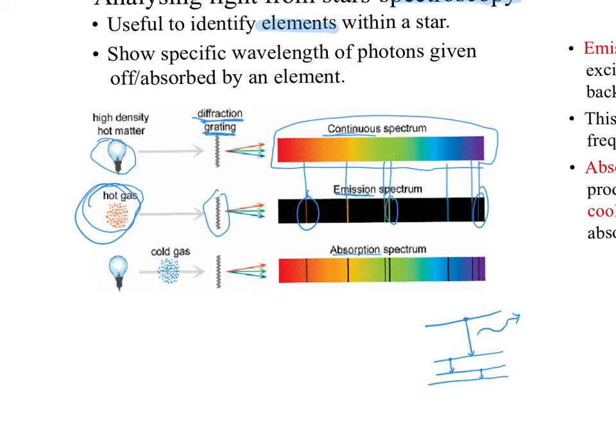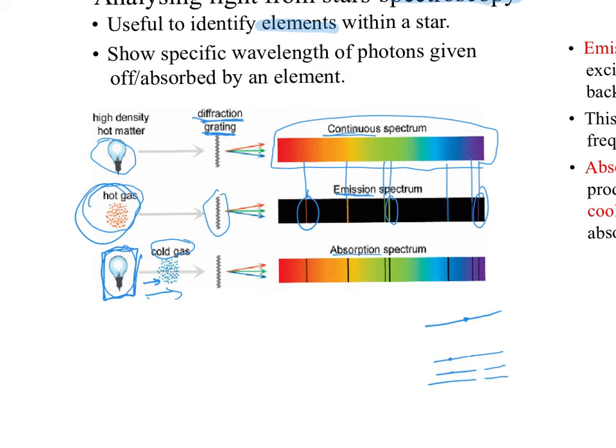So what about the absorption spectrum? Now, in an absorption spectrum, you have a source of light passing through cold gas. Basically, what you have is the full spectrum of visible light, so you have the continuous spectrum, but as the continuous spectrum passes through a cold gas, instead of just passing through it, we know that gas has atoms in there.